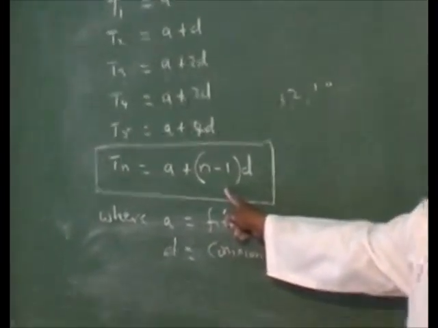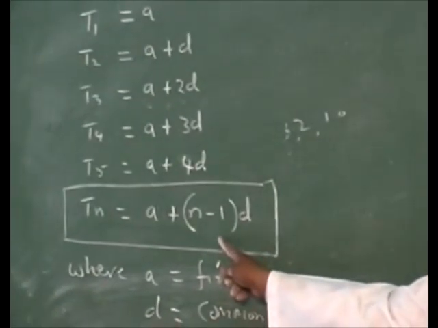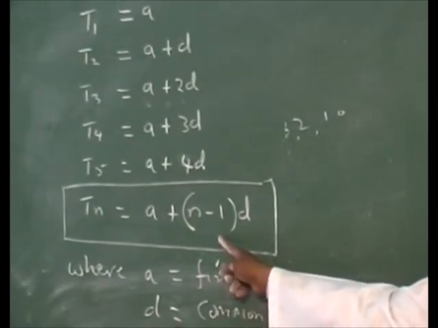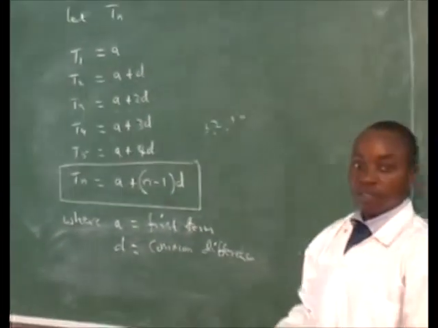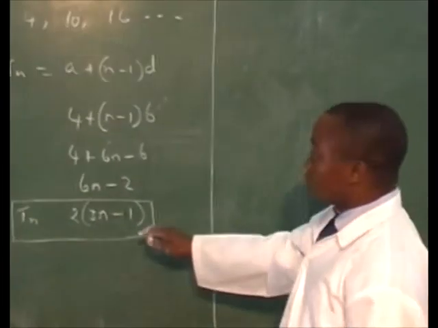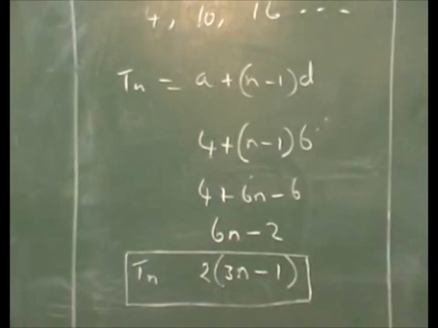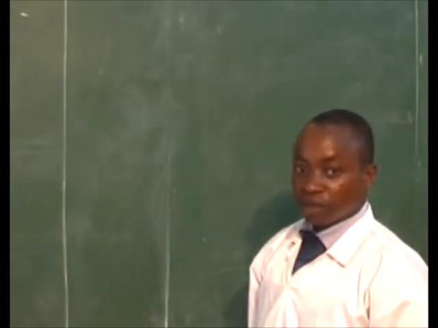Every sequence, or every AP, has its own particular formula that you can develop to get the terms in the sequence. So this is how we can use the general formula to derive a formula for any sequence.